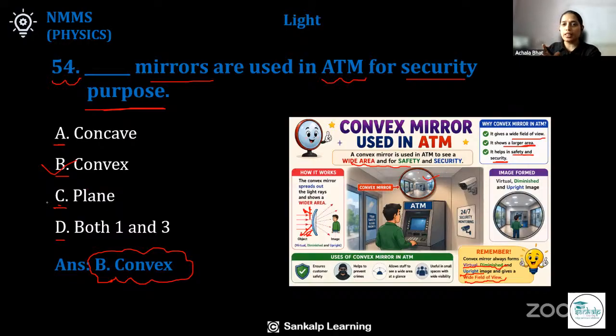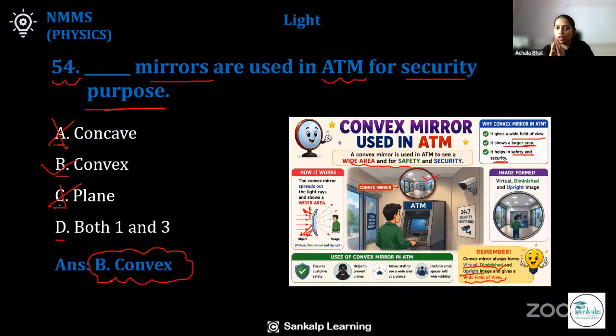Plane. You know that plane mirror can't cover that much area, because in case of plane mirror the image size is same as object size. So C is wrong. A, concave. In concave mirror, if object is nearer to the mirror then it forms virtual, erect image.